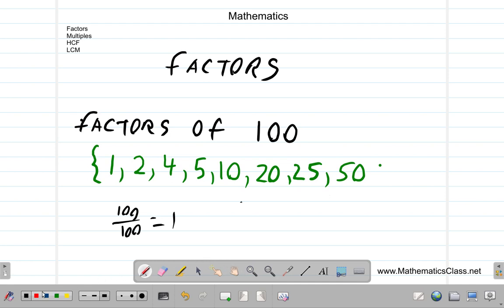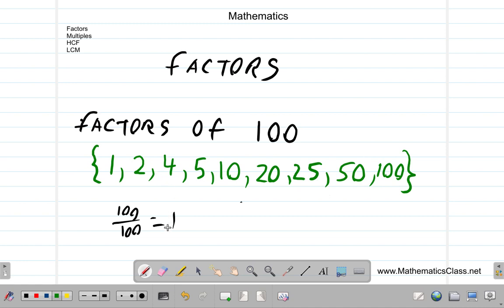No remainder. So the next one is 100. So those are the factors of 100. They can divide into 100 without leaving any remainder. So that is a factor.